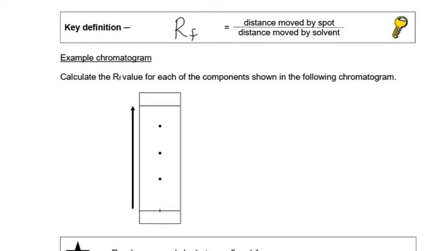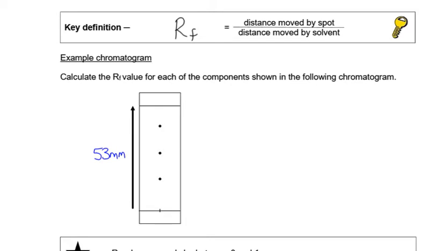It doesn't matter what unit you measure in as long as you are consistent the whole way through. I measured this on an A4 version of the pack and it came to 53 millimeters. Even if you've used a smaller version of the picture, you'll get a smaller number here, but you'll get a comparable smaller number for the spots as well, and you should get the same RF values at the end.